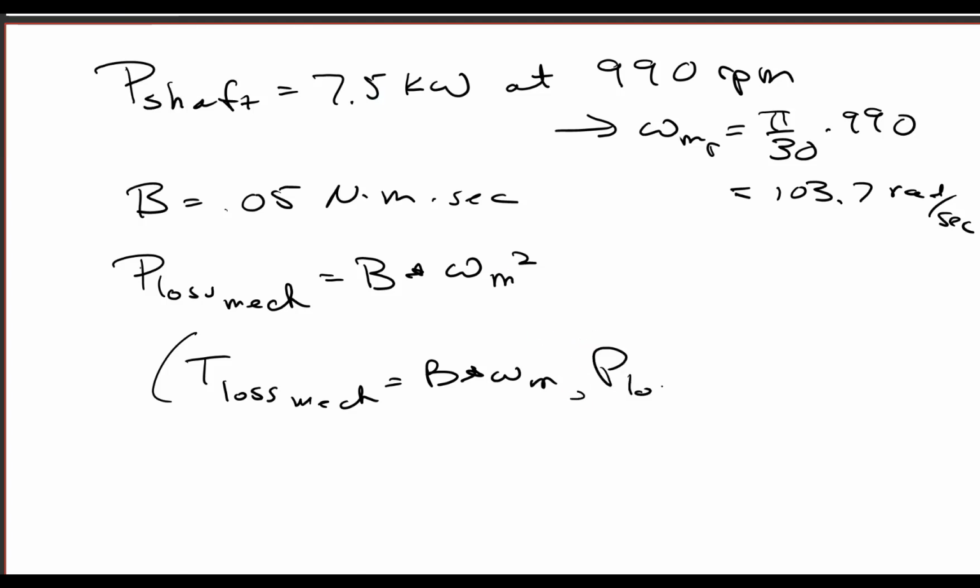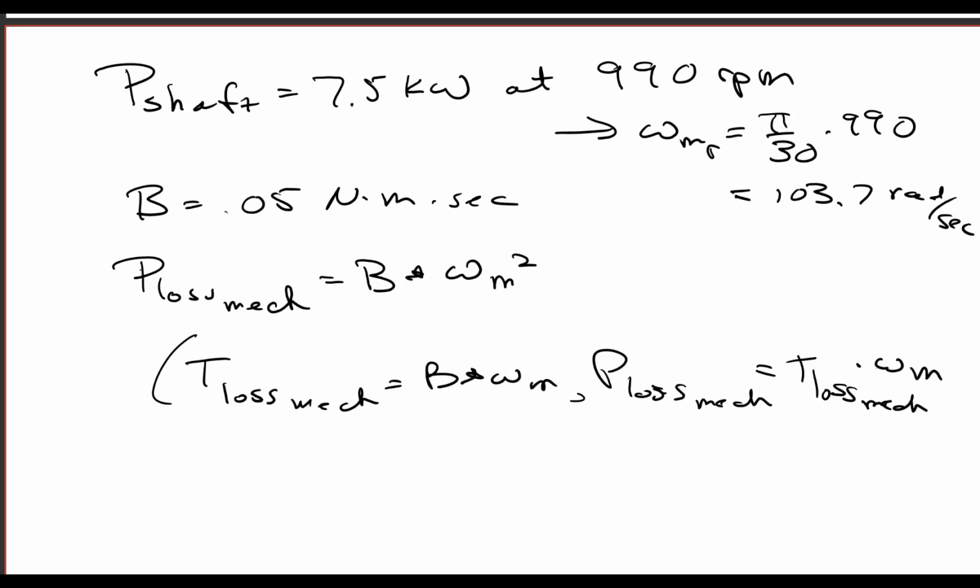So P loss mechanical is T loss mechanical times omega M. That's why you got the squared there. So that's 0.05 times 103.7 squared, which is 537.7 watts.